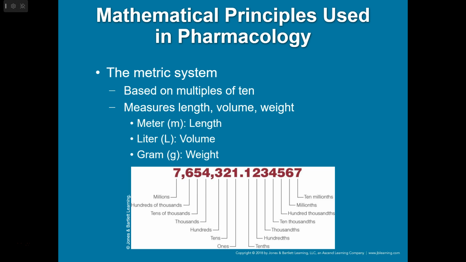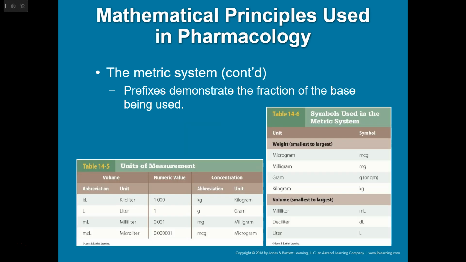Volume and weight, which is what we do most in EMS: volume will be liters, milliliters, deciliters, any of that. And then weight is grams, micrograms, milligrams, kilograms. Grams are weight, liters are volume, meters are length.